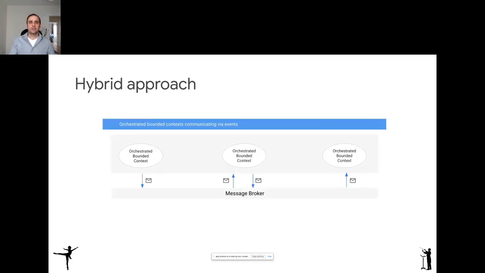You can also combine the two, right? And I think this is what I usually see in the real world: you orchestrate things that make sense, but then that orchestration can be triggered by an event, or at the end of the orchestration, the orchestration can signal other orchestrations using an event as well. So this hybrid approach is also very, very valid, and that's what I see most people do nowadays.